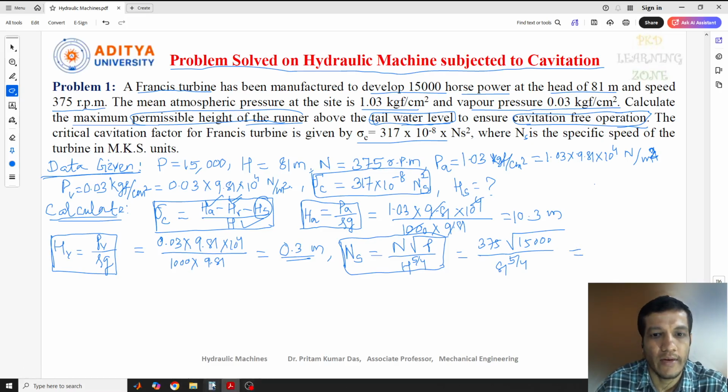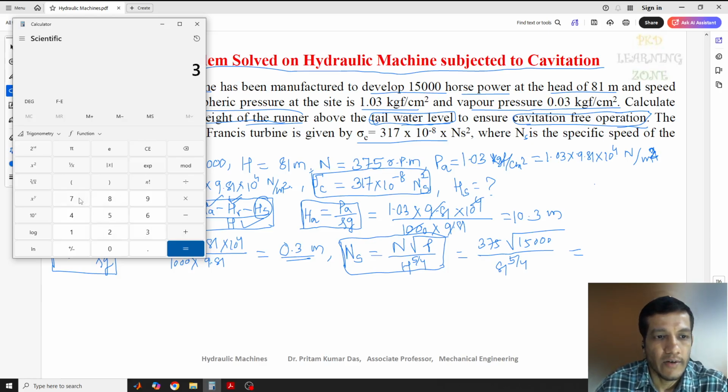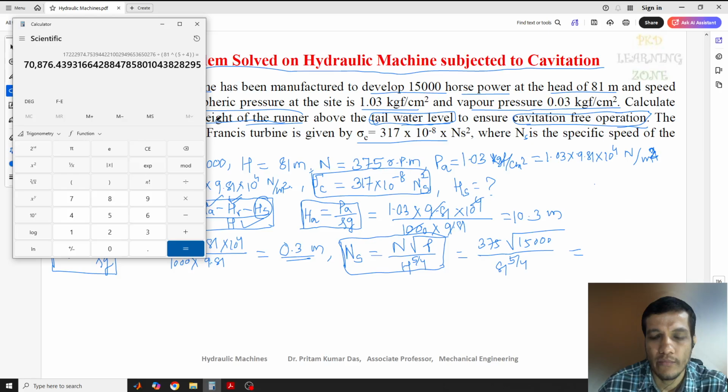Now we need to take the help of a calculator. This is 375 and multiply. First I'll go for 15,000 root over, multiply 375, divided by 81 to the power 5 by 4. 291 came.